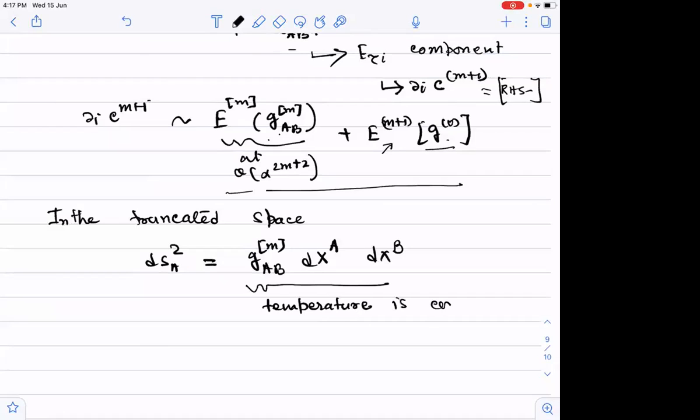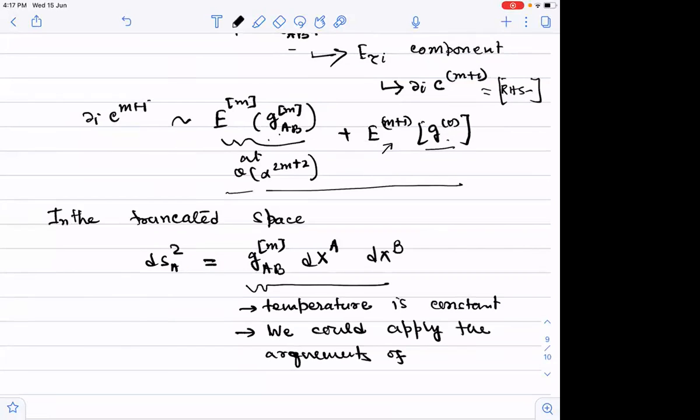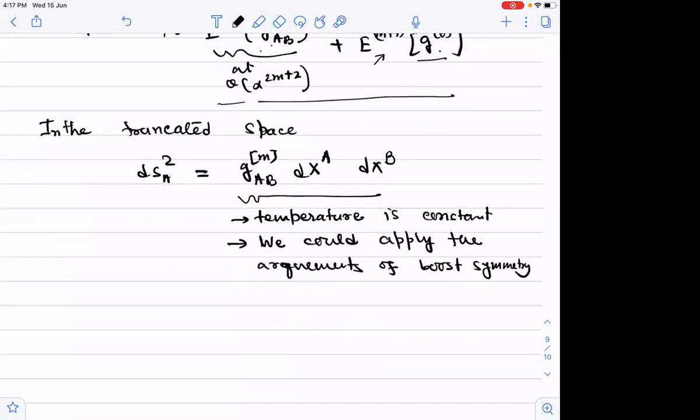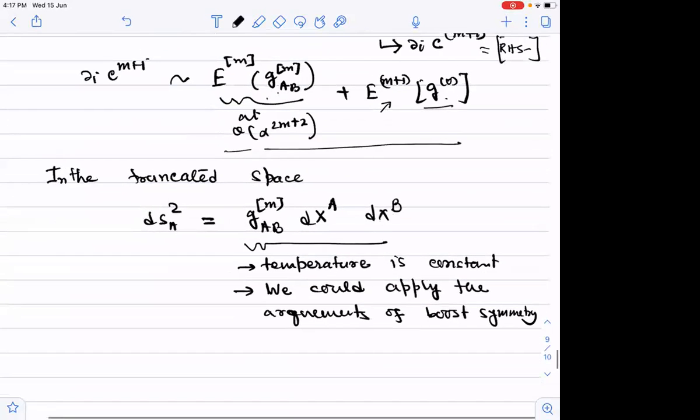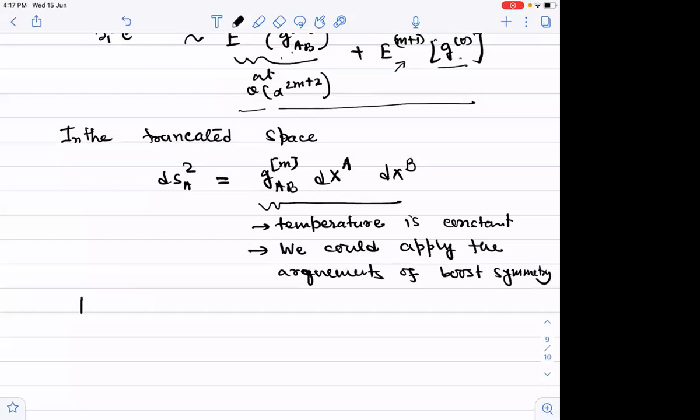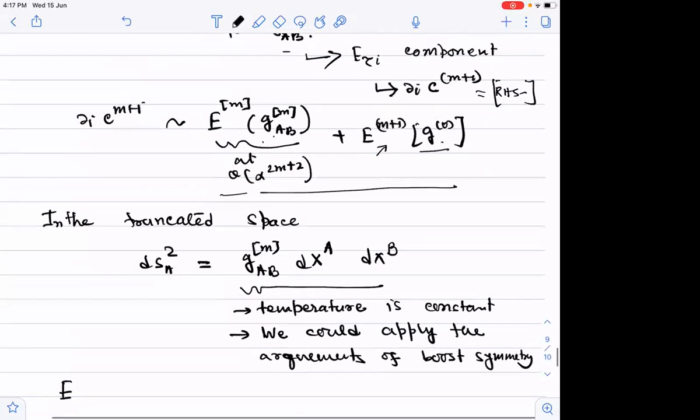It's constant. So we could do the coordinate transformation. So boost symmetry. So we could apply the arguments of boost symmetry. And if I can apply, then I'm looking at the E tau I component everywhere.